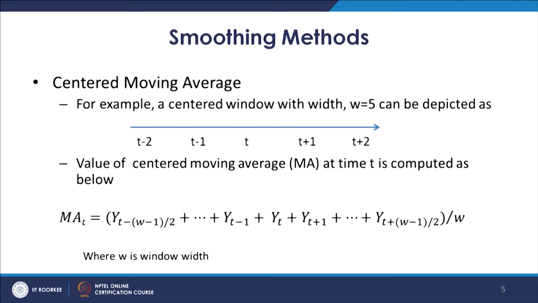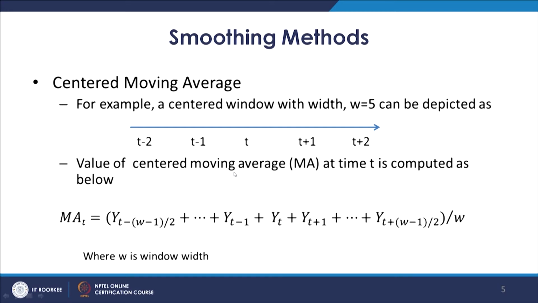We can see t minus 2, t minus 1, t, and then t plus 1 and t plus 2. So t plus 1 and t plus 2 are the future values, and t minus 2 and t minus 1 are the past values. Because the window size is 5, these 5 consecutive observations are going to be taken for the averaging operation.